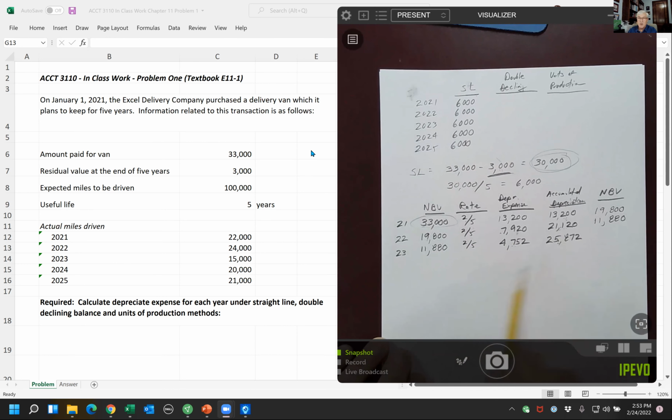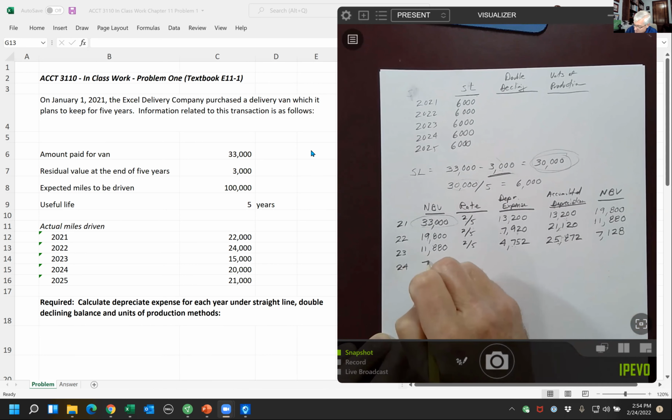We're going to end in the same place we ended in the straight line method, with a $3,000 net book value. And so there will be a year here, not this next year, where we're going to have to plug this, just to prepare you. So 33,000 minus 25,872, 7,128.